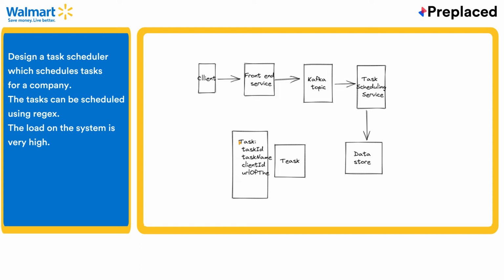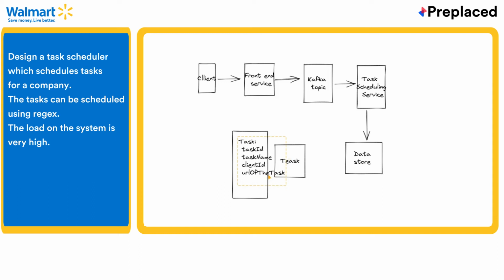Let's say we are storing the task in a separate store, it can be either S3 or something similar. That is fine, you're just taking a URL here and storing that file somewhere else where someone will go and actually pick it up.